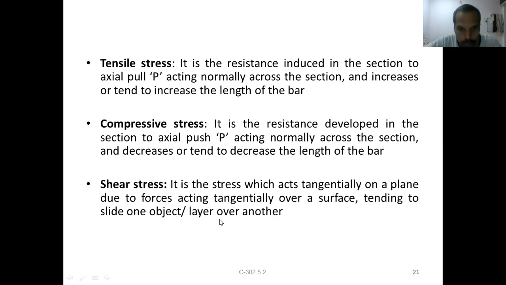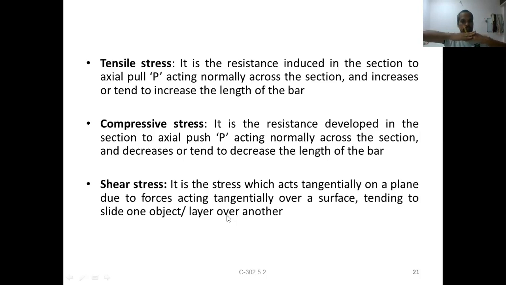Consider a member that is riveted, with contact between two plates. If I pull like this, the rivet at this connection tries to shear off the member.